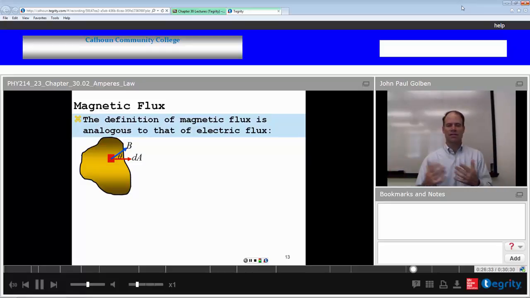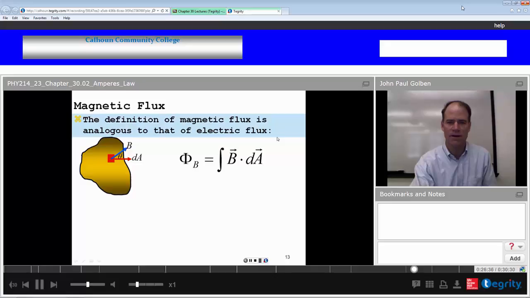Flux is flux. It's the number of field lines that go through a given area. So we define magnetic flux, at least in an integral sense, as the integral of B dot dA, where A is the perpendicular area vector for a surface. If we add up all those contributions of what goes through a surface, that would be the flux through that surface.